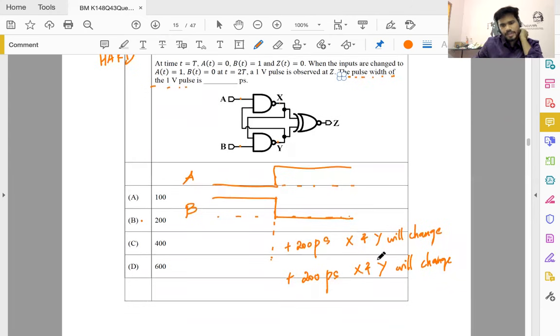Ideally, if you use this as a memory, one is 1 and the other is 0; these are complements of each other. But here, it can so happen that both X and Y are 1. Such a state occurs here; I suppose it happens here. After 400 picoseconds, your Z will change.